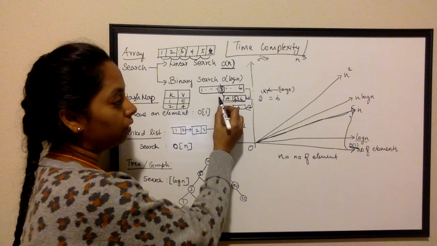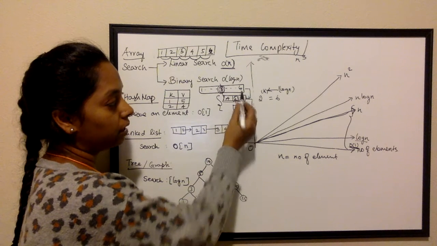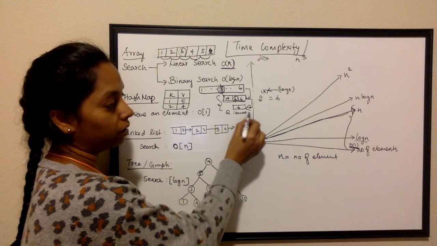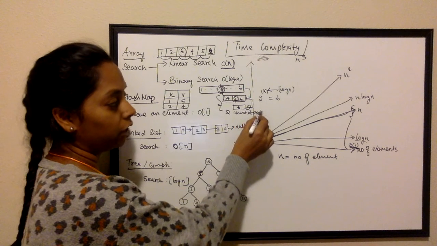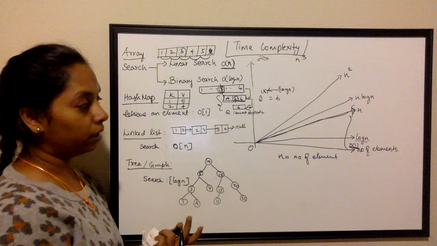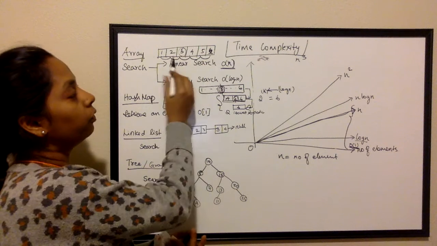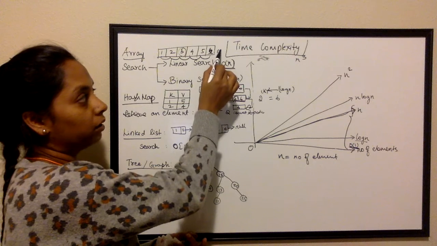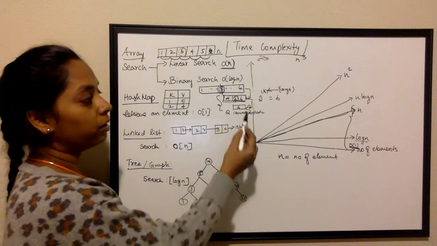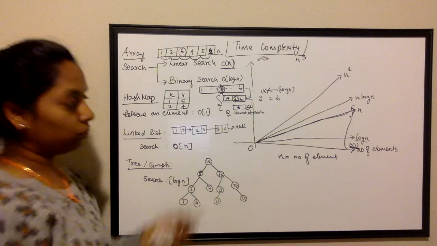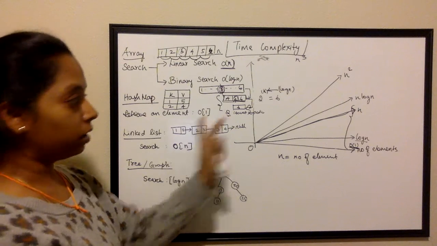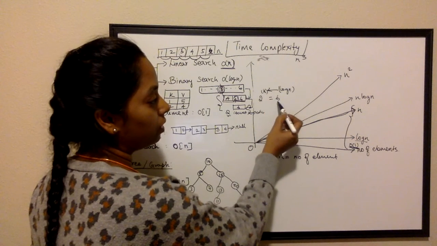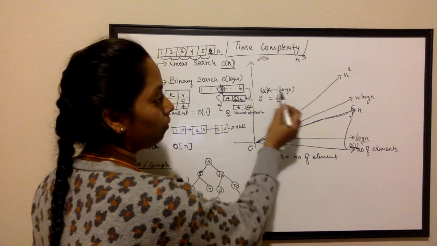We have found the element 6 in just two operations, but with the linear search we went through all the elements. So it took n operations there, and it is only 2 here. What this 2 constitutes is 2 power k equal to n, and this k is what we call log n.